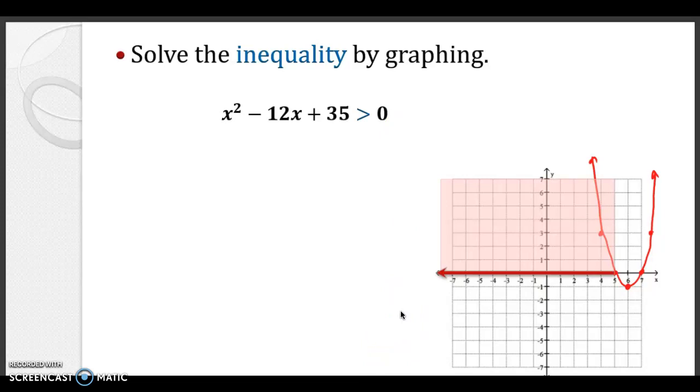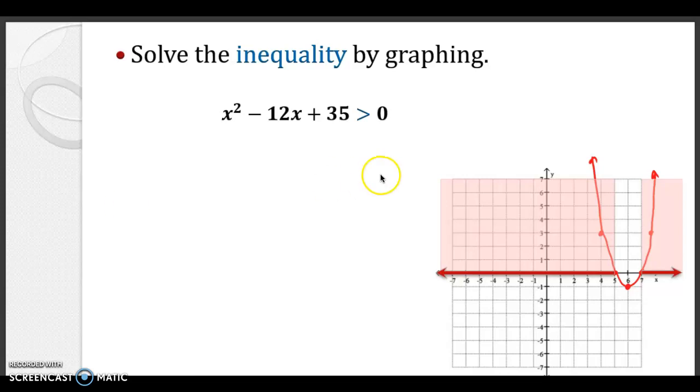Well, for what x values are my outputs above the x-axis? That's going to be for all the x values from negative infinity to 5. But we're not going to include 5 because at 5 we're at 0. We want it to be greater than 0. And then from 7 to infinity.